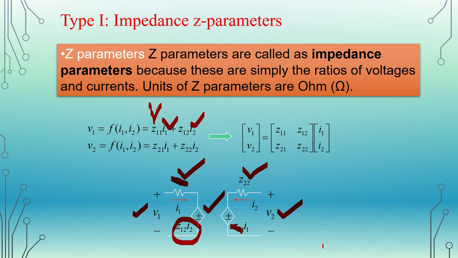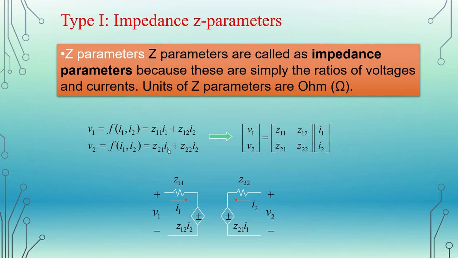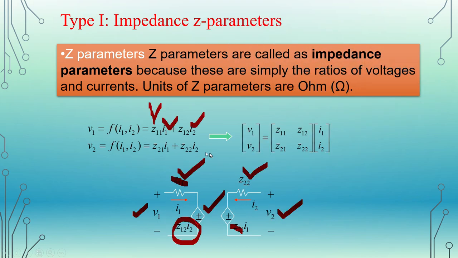Output side, let me remove these markings. On the output side, the voltage is divided between Z22 and Z21 I1. So Z21 I1 as it is, and the next one Z22 will come with I2, the current flowing across this particular thing. This is the source, that's why it is already combined.